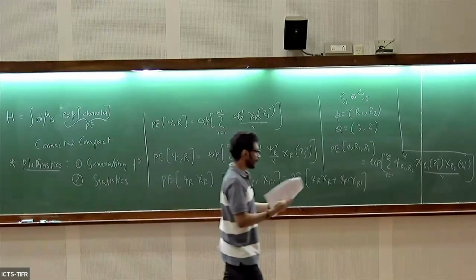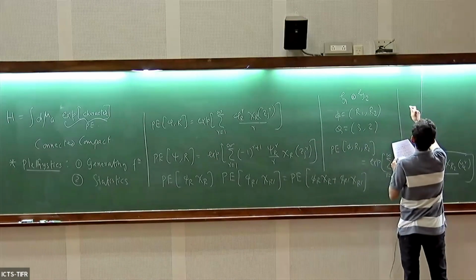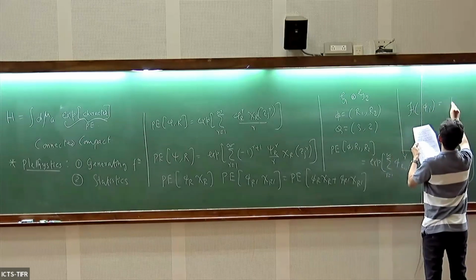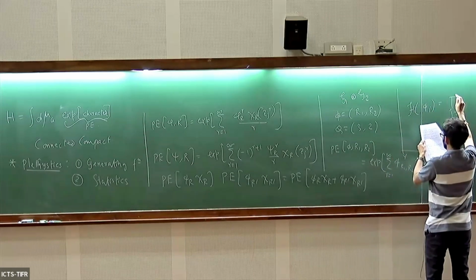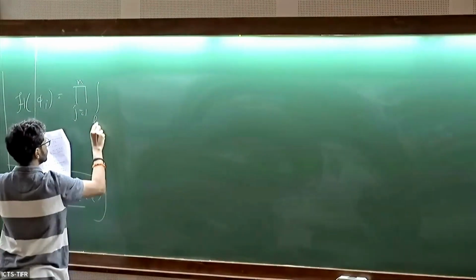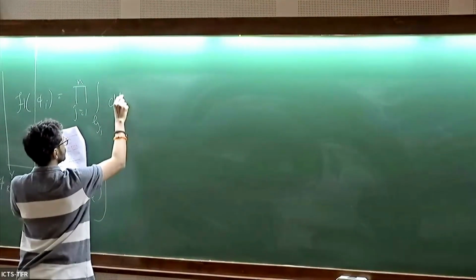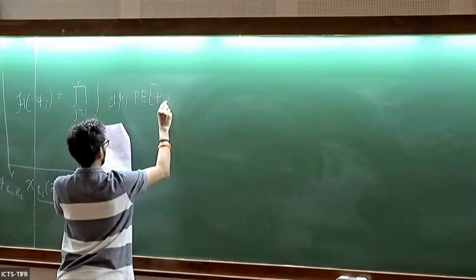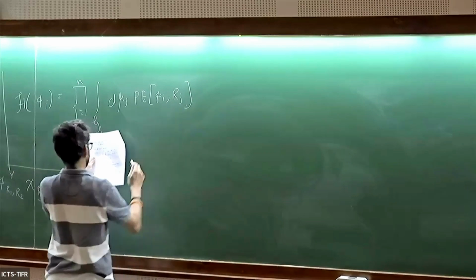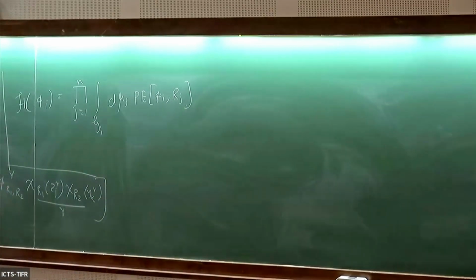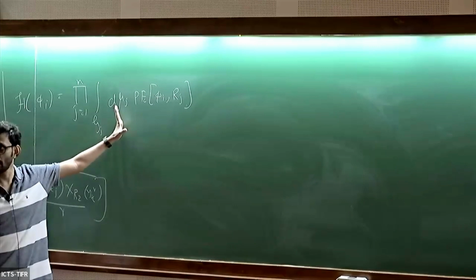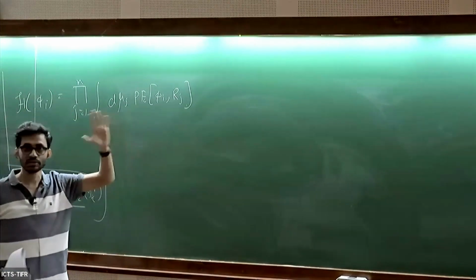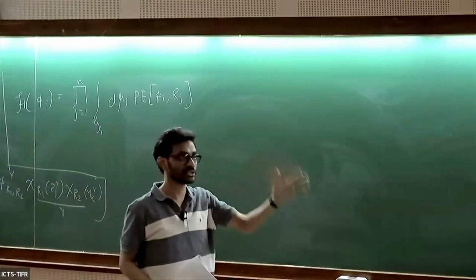So we have to extend our Haar measure, and in that case we write this polynomial as the product over j equal to 1 to some n of the integral of the Haar measure d mu_j for each group G_j, times the plethystic exponential of phi_i(r_j). So you have the product of the Haar measures for the individual groups, as many groups as you have. In the context of the Standard Model, you will have a d mu with respect to SU(3), SU(2) and U(1).